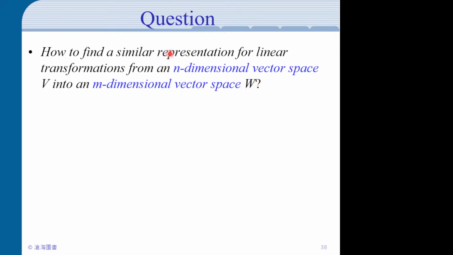But what if we have a linear transformation from an n-dimensional vector space to an m-dimensional vector space? We found out that we can still find a matrix.